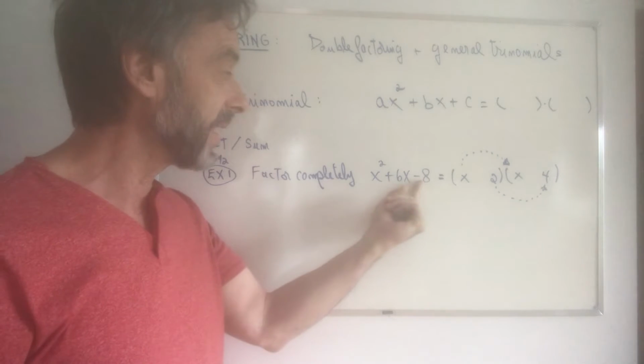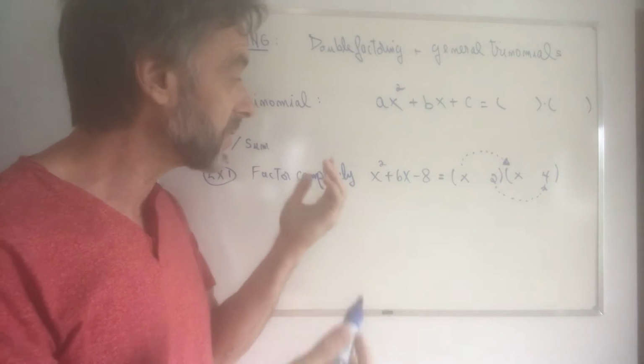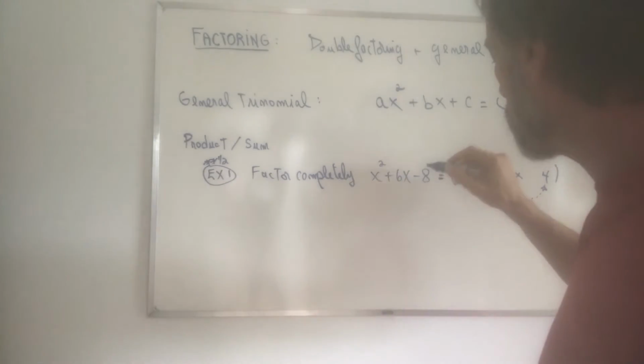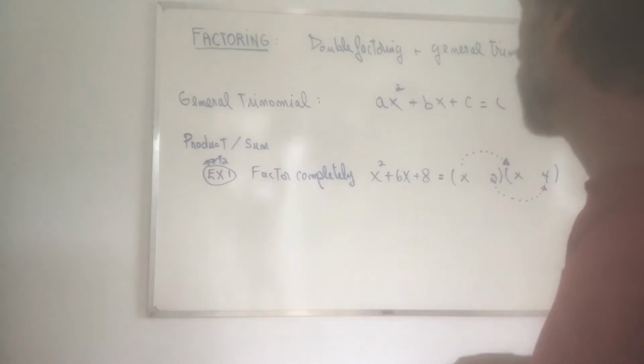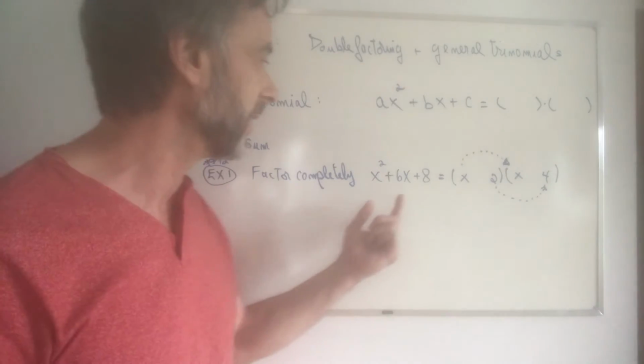Now, it's not really 8 that I have, it's minus 8, right? So what is it that I actually need? Oh, I think I made a boo-boo here. Why don't we put a plus here instead of a minus? Because I just realized that with the minus it doesn't work. Did you see this? If you saw this, you're very good.